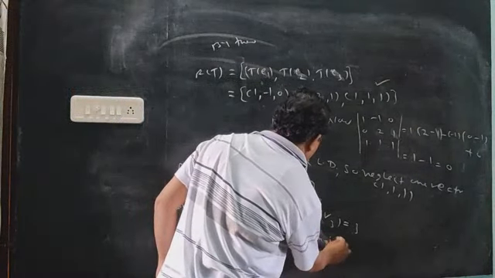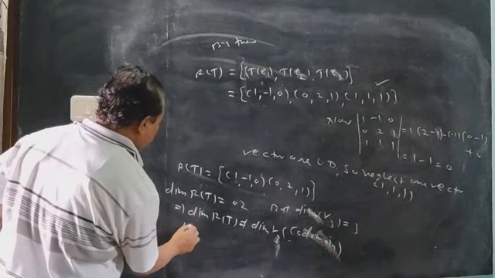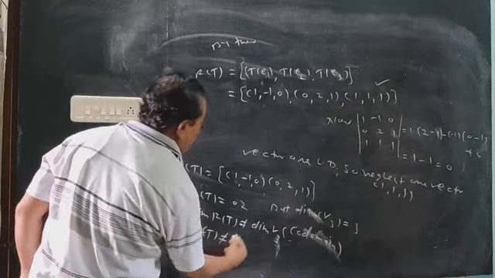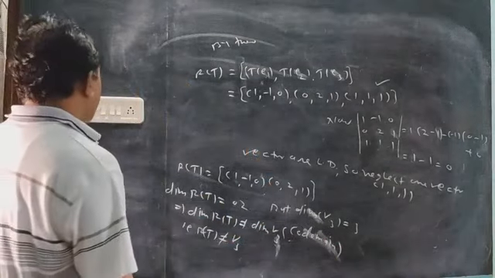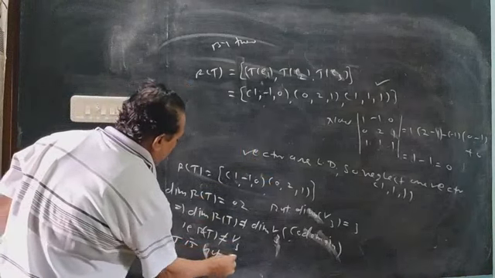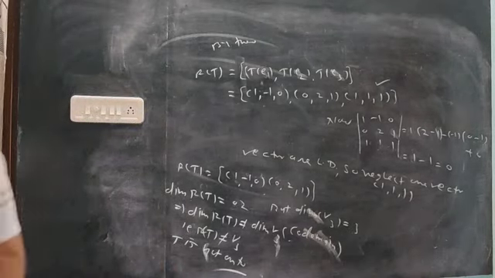Therefore RT cannot be equal to V. That means T is not onto also. So T is not 1-1 and not onto, both.